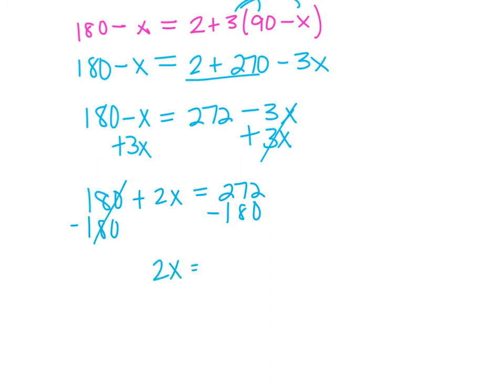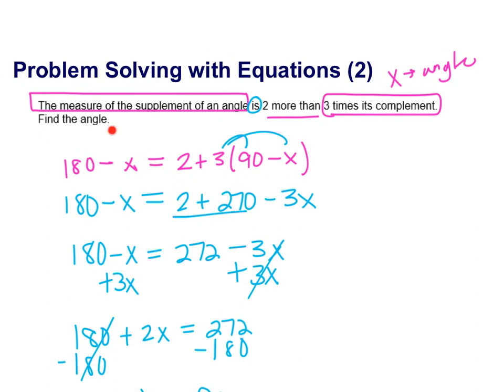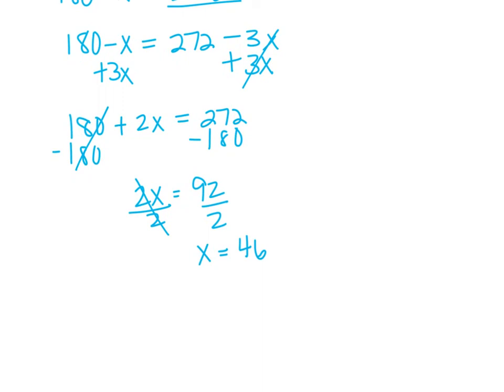So 2x equals 92. Divide both sides by 2. X equals 46. And then the question was asking for find the angle, and we said x represented the angle, so we have our answer. 46, but we'll go ahead and say degrees because it is an angle measure.